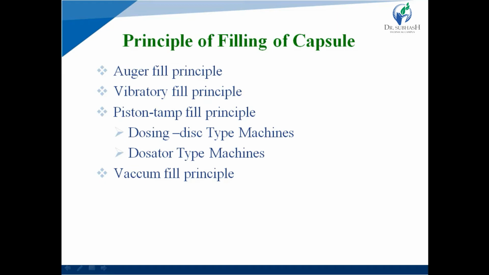Vacuum is applied and the piston is moved upward, sucking in a predetermined amount of powder. This results in filling of the cylinder, and the powder is filled up to the piston height. The vacuum is held until the piston is positioned over the empty capsule body. Those are the principles or mechanisms of filling of hard gelatin capsules.